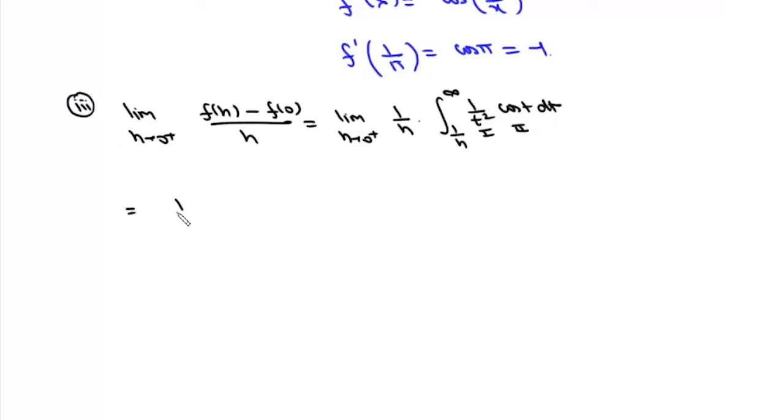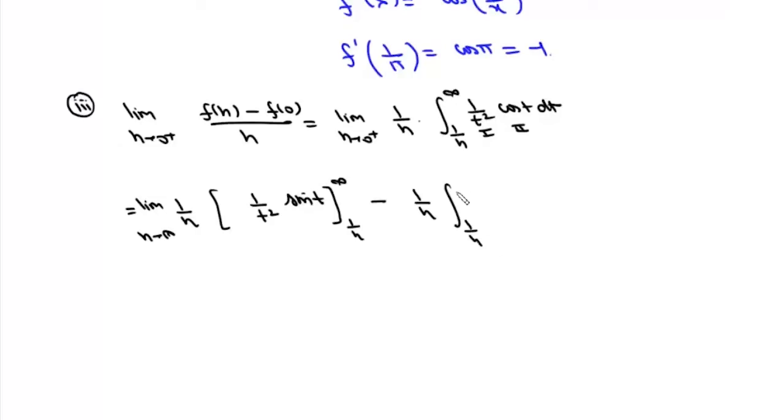Now we can write this as 1 upon h times, and here it will be 1 upon t square sin t, from 1 by h to infinity, limit h tends to 0, and minus here will be this integral from 1 upon h to infinity, here will be minus 2 upon t cube, and here will be this sin t dt.